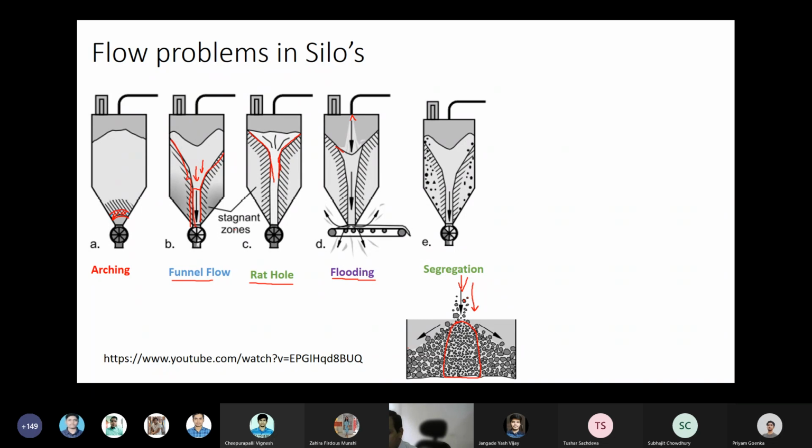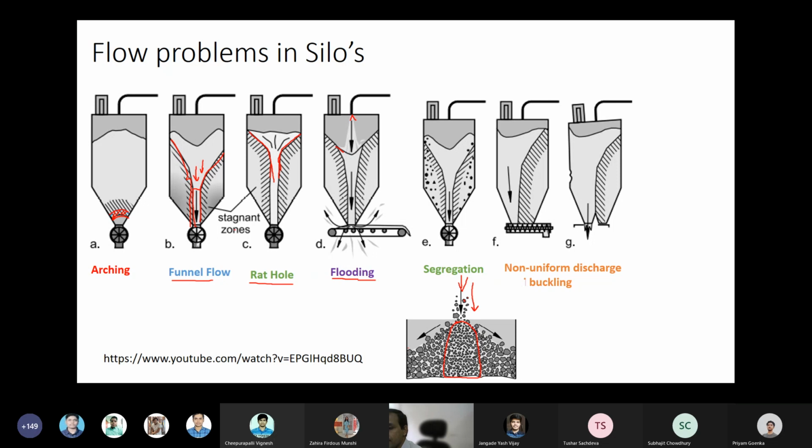If you want to avoid funnel flow, while you are filling the silos, you have to make sure that the particles are uniform. Otherwise, we have to use other methods, which I will show in the next slide, while filling the silo. That way you can avoid the funnel flow. Segregation is one reason to create funnel flow or rat holes. There are a few other reasons also.